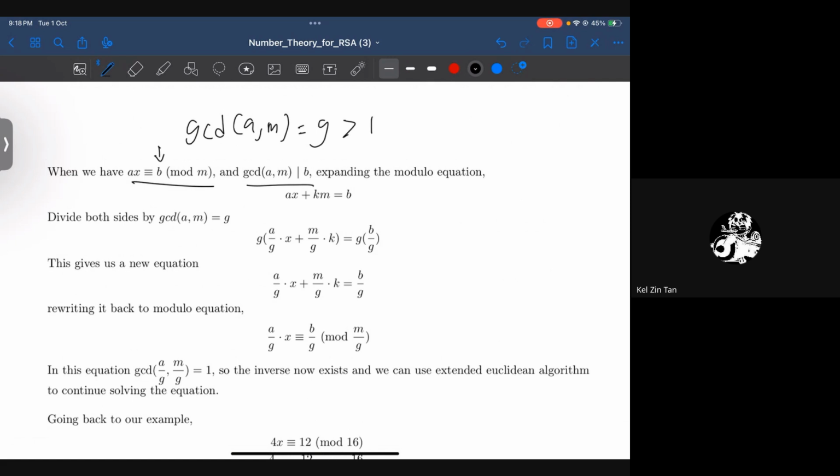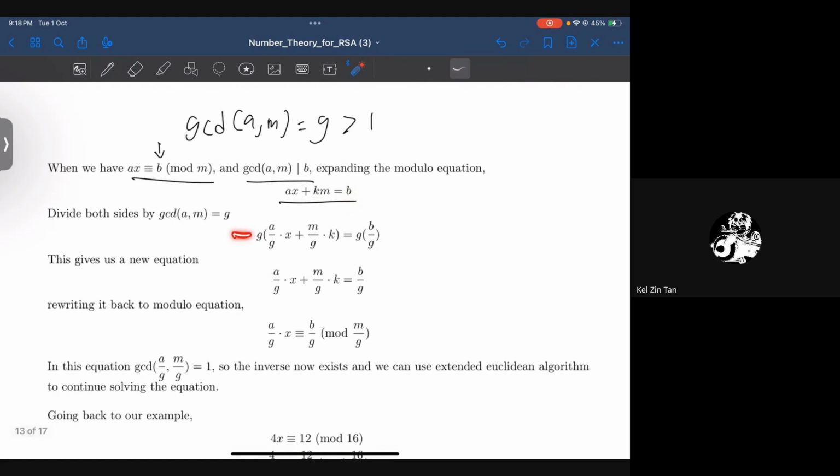After expanding, we get AX plus KM is equal to B. Because this thing has a factor of the GCD of A and M, and this thing also has it, and this thing also has it, I can just pull out the G on both sides, and all these three remain integers.